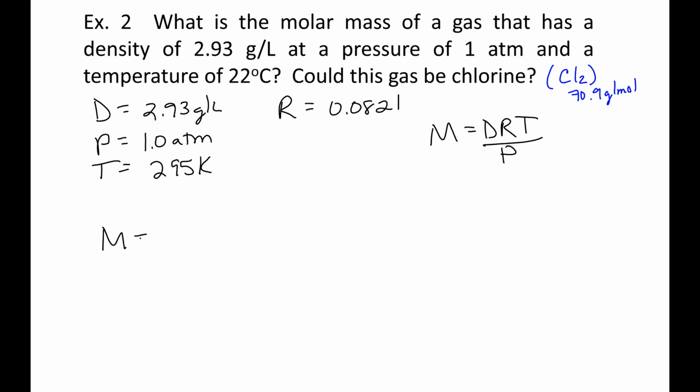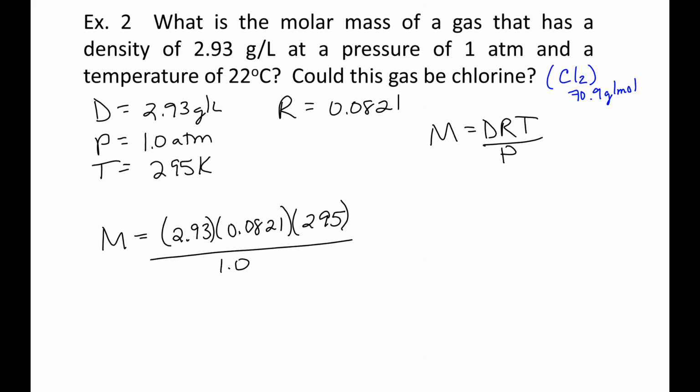Okay, so M is 2.93 times 0.0821 times 295. Oops, I can't write today. Hey, it's late Sunday night. Okay, 295 all over 1.0.